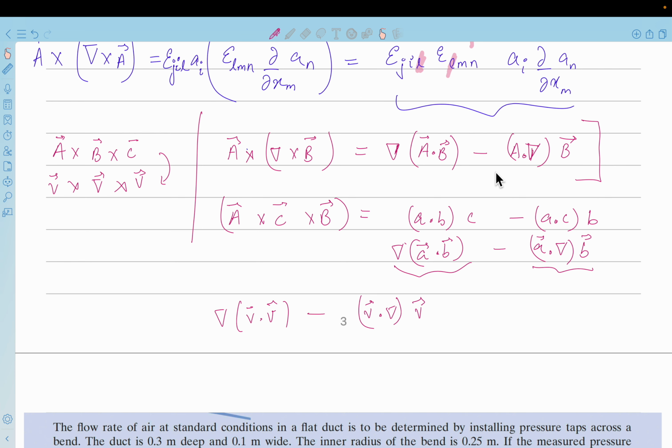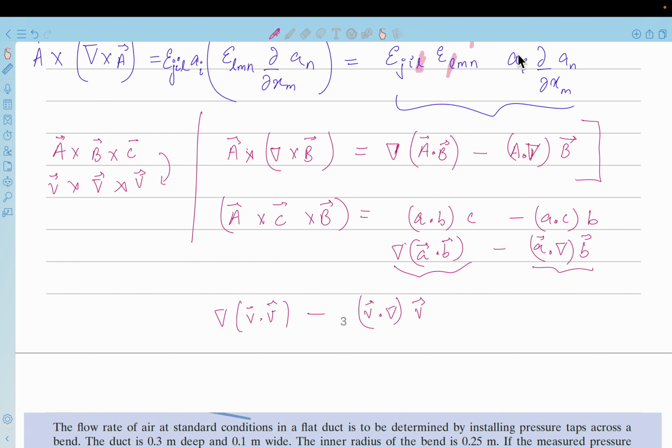Galilean frame. Where did you come across this? Okay, I'm sorry, I'm not aware of this.